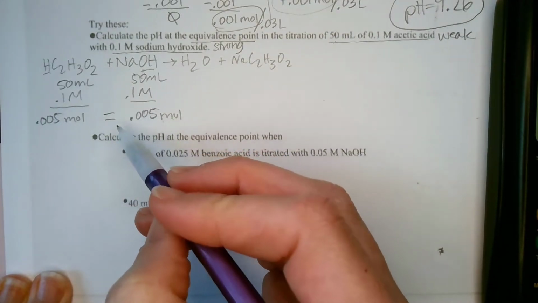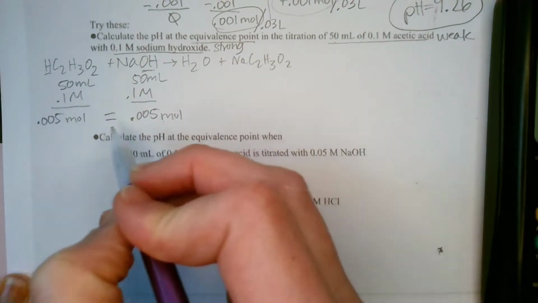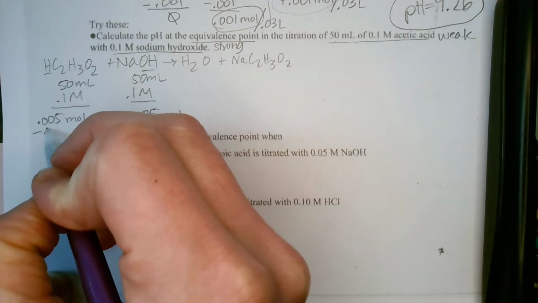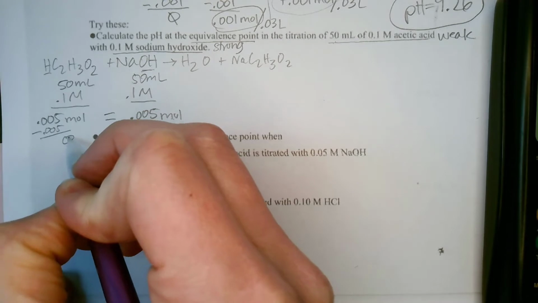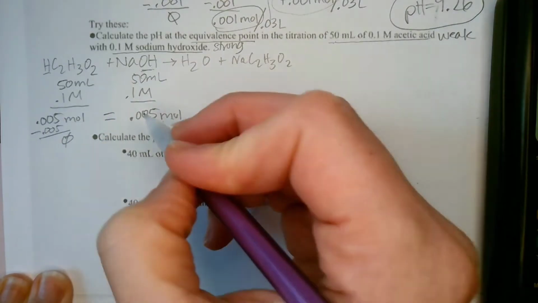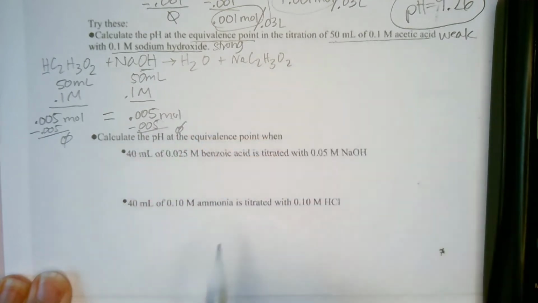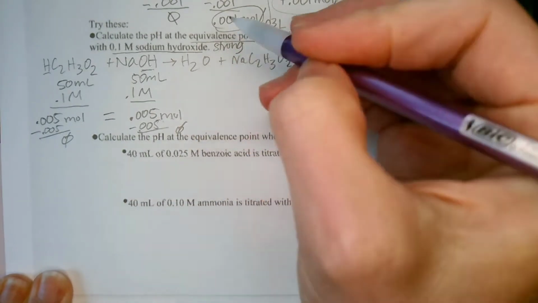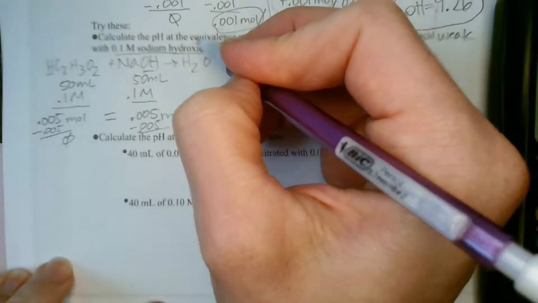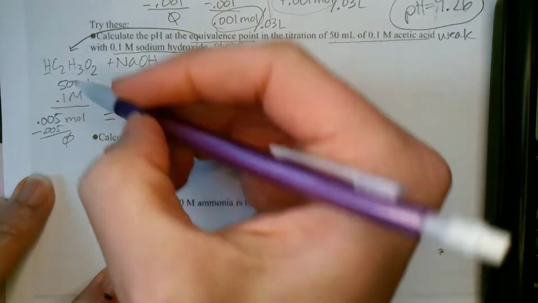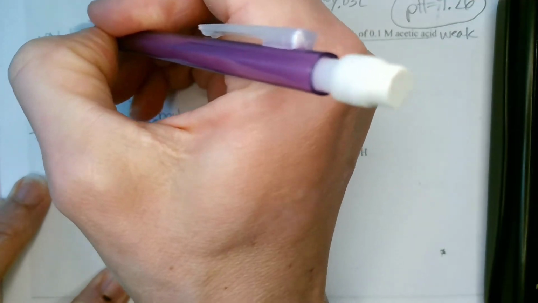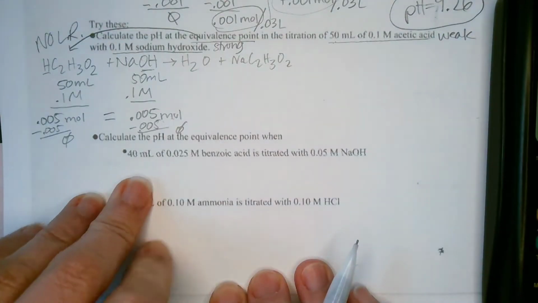That's great. So these are my reactants, so I'm going to minus 0.005 to have no limiting reactant, right? Our equivalence point is telling us we have these two equal to one another, so there is no limiting reactant.